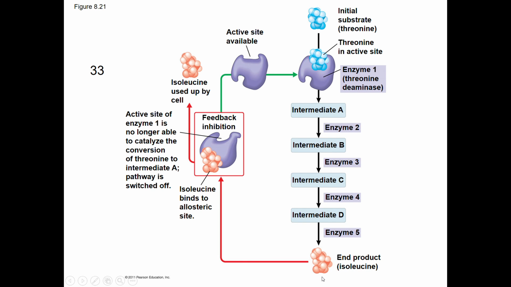So when you make enough isoleucine, you can stop making isoleucine, so you're not wasting energy building something you don't need any more of, okay? This would be an example of negative feedback, right? We talked about that in Unit 1. And you also can see examples of positive feedback, right? It's not depicted here, but where your product can go kick that into high gear.